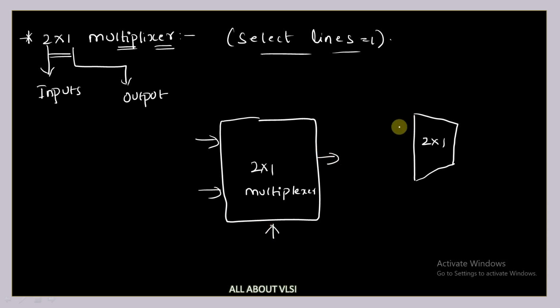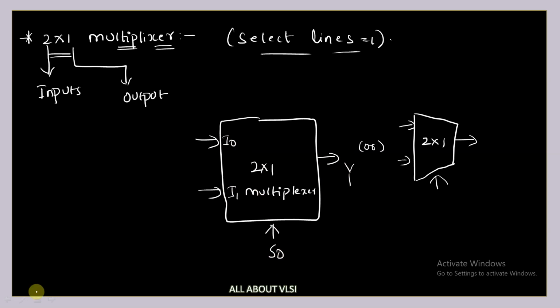Here also we will have the same. I will represent the first pin with I0 and the second pin with I1. And this is my select line, so I will represent this with S0. Now, how does this multiplexer work? This multiplexer will give your output as I0 if the select line is equal to 0.